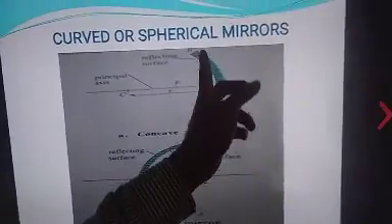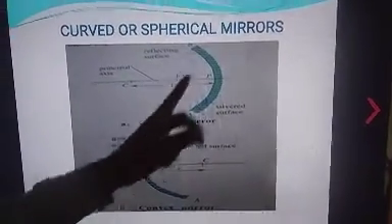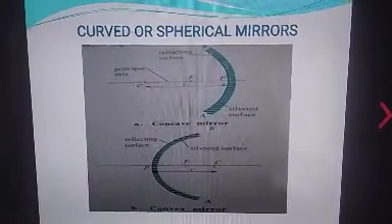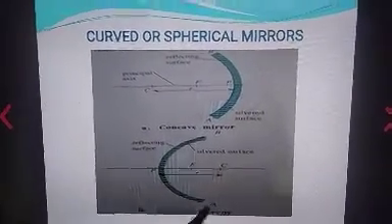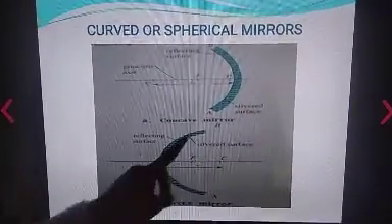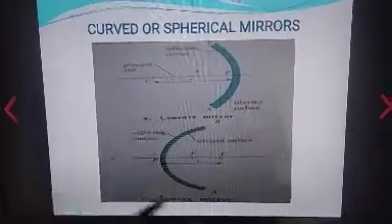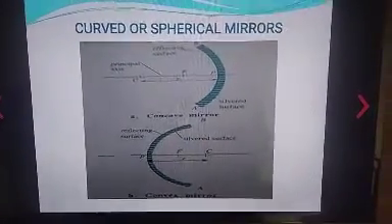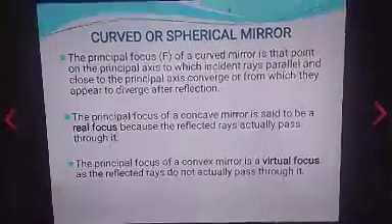Looking at it, the back is silvered while the inside is the reflecting surface. While for the convex mirror, the inside is silvered while the outside is the reflecting surface. Okay, curved spherical mirrors.